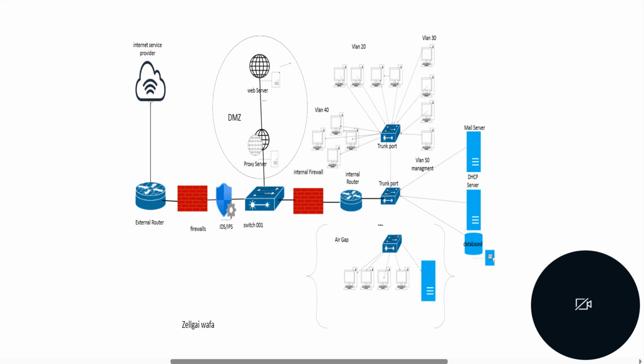The core switch connects to the other switches, and each switch is connected with the others by a trunk. We also have VLANs for segmentation: VLAN 20, VLAN 30, VLAN 40, and also a server, an SQL server, a mail server, and DHCP servers here.